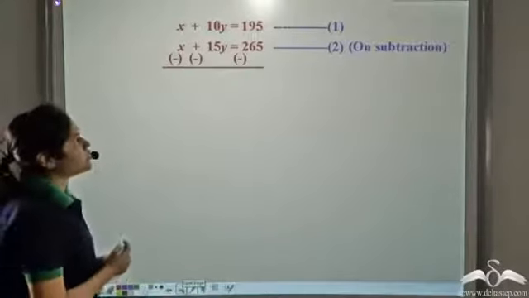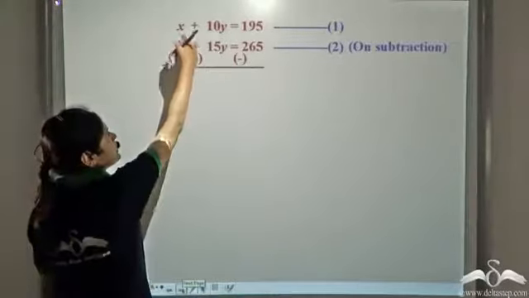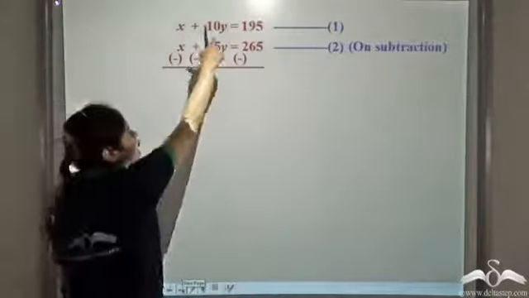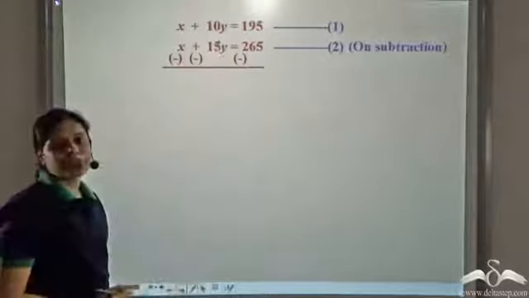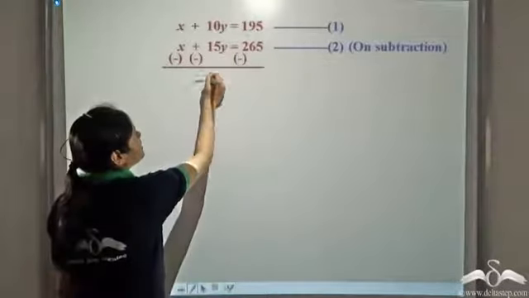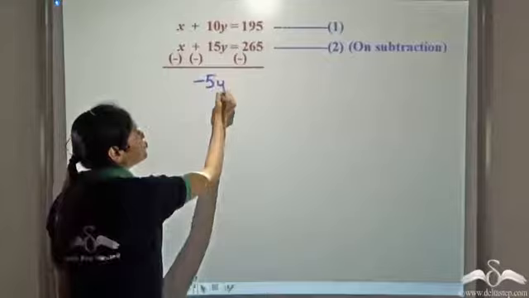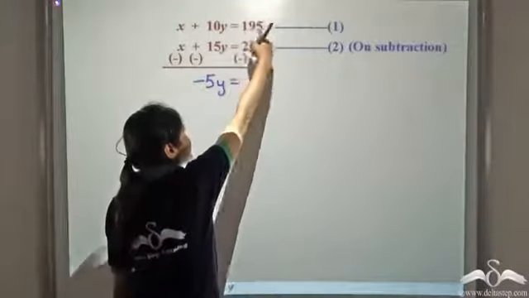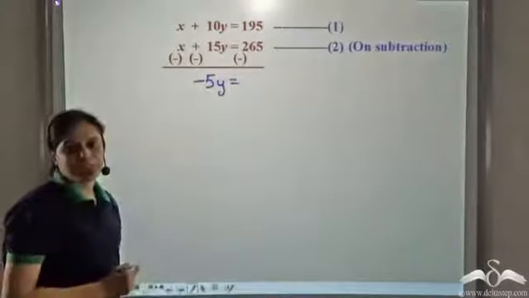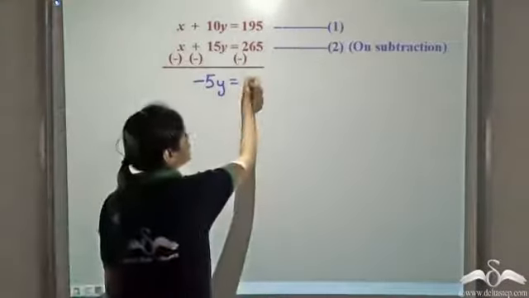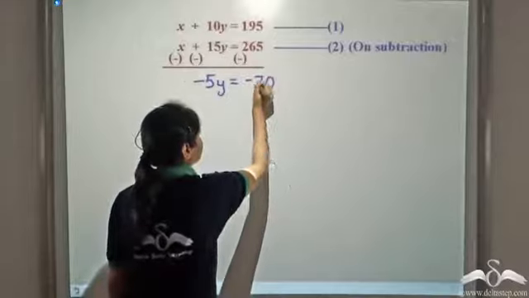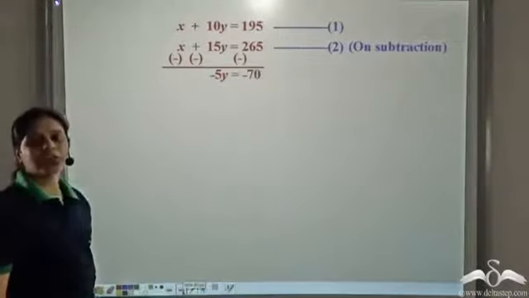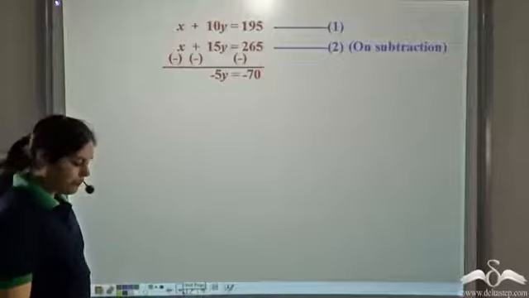On subtracting these two equations, we get x minus x is 0, 10y minus 15y gives negative 5y, equal to 195 minus 265 gives us negative 70. So negative 5y is equal to negative 70.